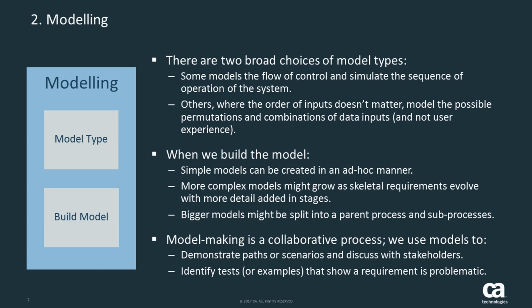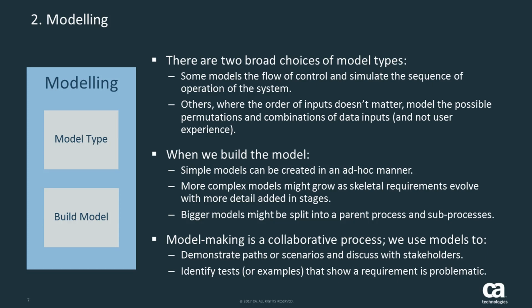But for other models, we take the view that actually the sequence of events doesn't matter. It's just the permutations and combinations of data that is of interest to us. So it could be that the order of inputs just simply isn't material. For a web service, perhaps the order of inputs is insignificant because all the data appears on the server, if you like, in one batch of content.